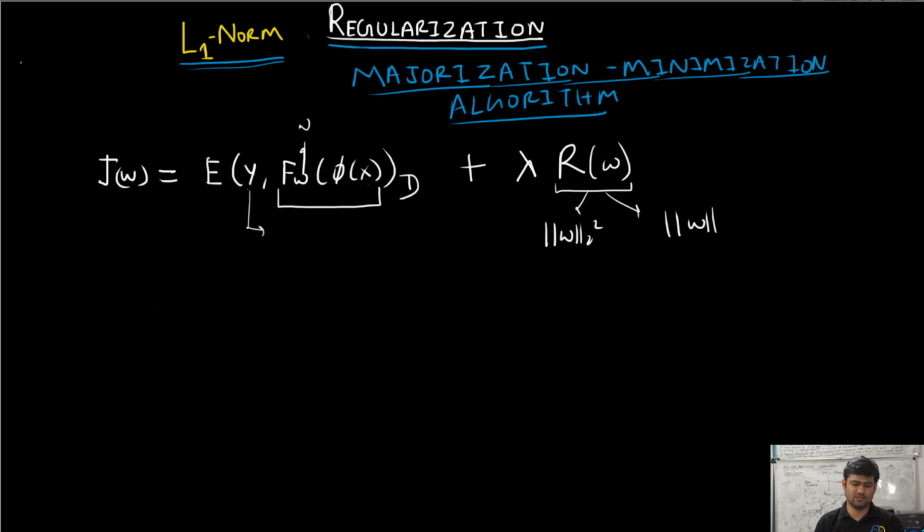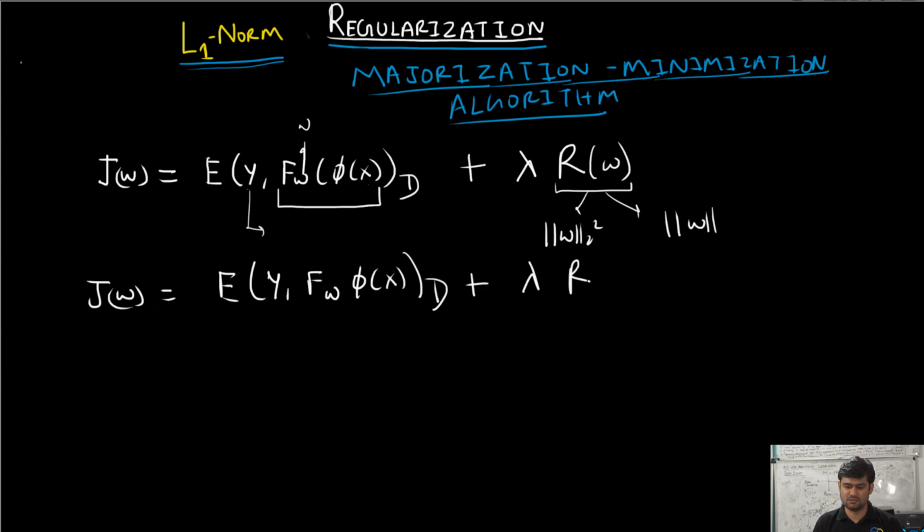So we'll consider a generalized loss function J of w, which we will write as the first term, E of y comma f_w of phi of x over some data set D, plus lambda times R of w, where lambda is a penalty.